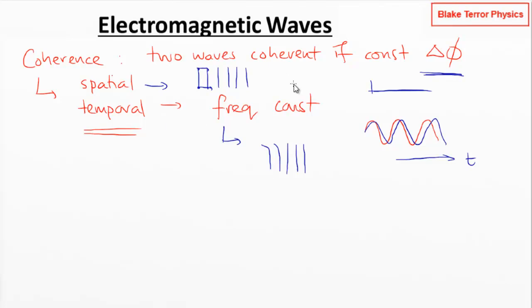So there are these two types of coherence that when you study waves in more detail at university, you'll start making the distinction between. So don't worry about that too much at the moment. I think it's more a case of just being aware that there are these two different types of coherence.